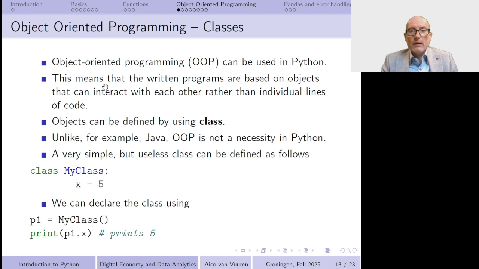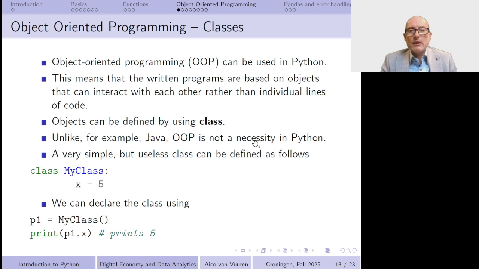The question arises, how are we going to define a particular object in Python? That can be done by this word class that we have over here. Before we go on, I should say that unlike in, for example, Java, object-oriented programming is not a necessity in Python.